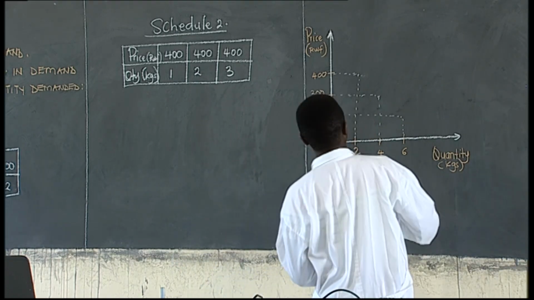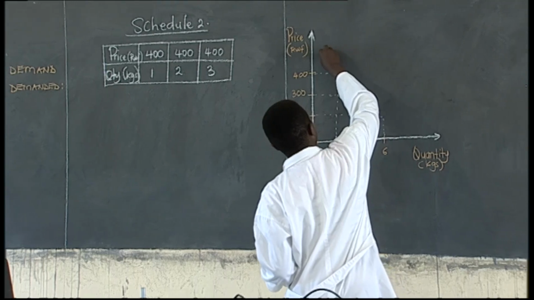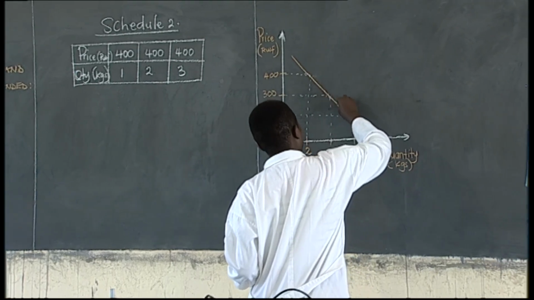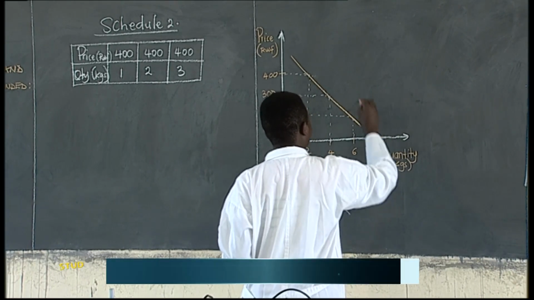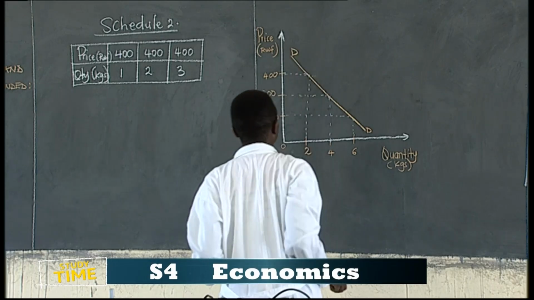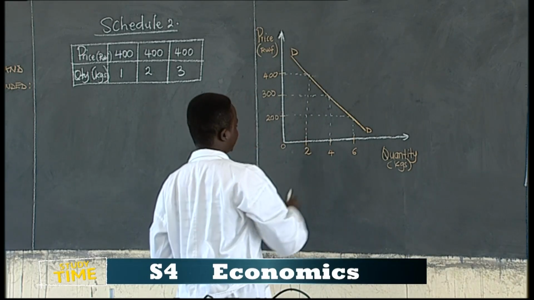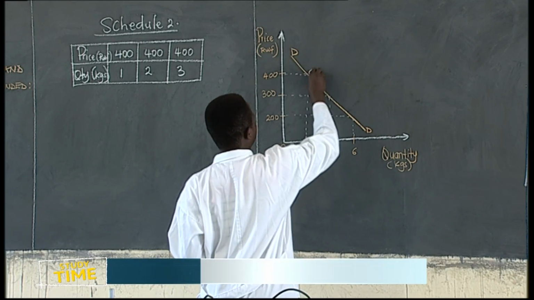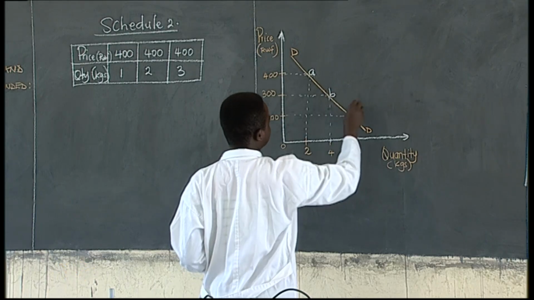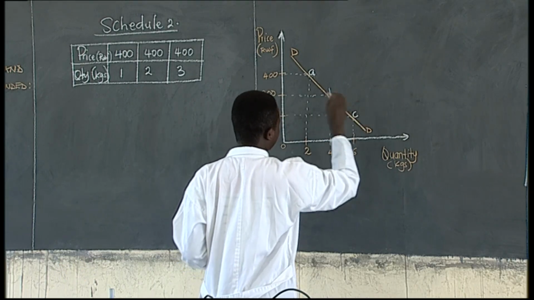So if you draw our curve, this is now our demand curve. And on this, we can have 3 points now: point A here, point B, point C.